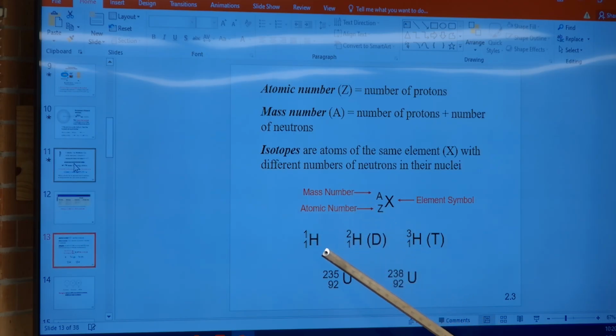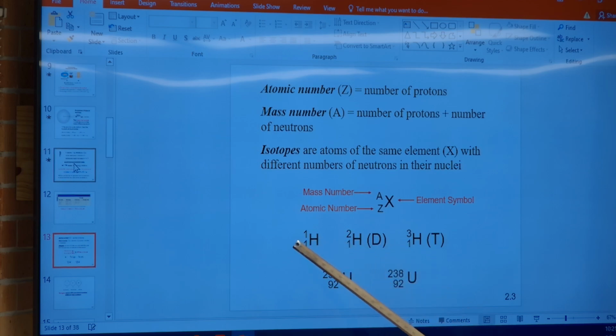So we find hydrogen could have three different atoms: hydrogen 1, hydrogen 2, hydrogen 3. Hydrogen 1 atom has only 1 proton, no neutron, so mass is 1. Hydrogen 2 atom has 1 proton, 1 neutron, so mass is 2. Hydrogen 3 atom has 1 proton, 2 neutrons, so mass is 3.